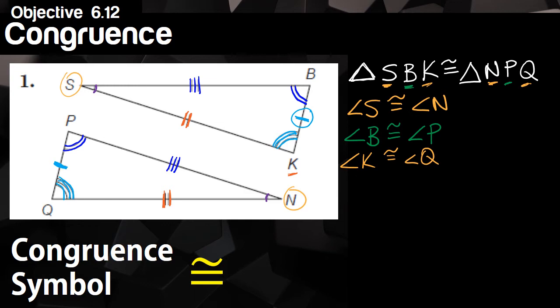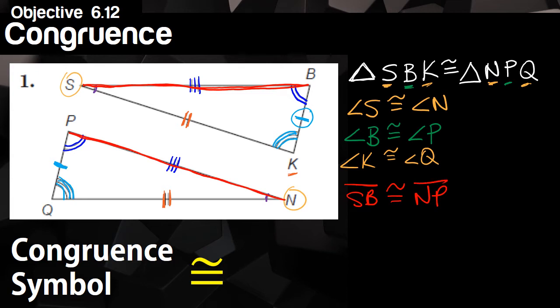So we can also write some information about the sides. With the sides, we could say that side length SB, right here where we have the three slash marks, and we put a line over that, saying that's the line segment, is congruent to line NP.